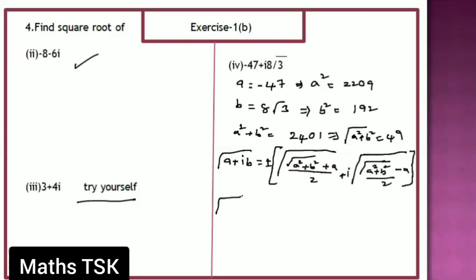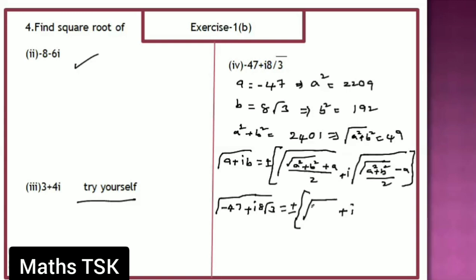So what is the value of root of minus 47 plus i into 8 root 3? So clearly this is plus or minus, in the middle it has plus, so there is a plus i into. So I have to write the values under root.